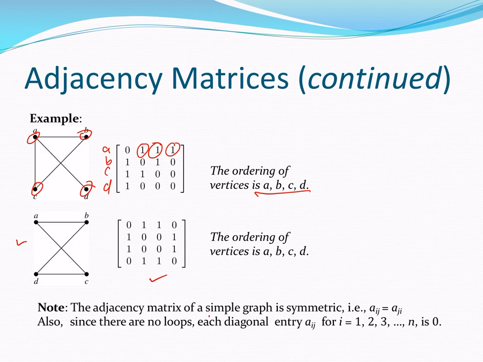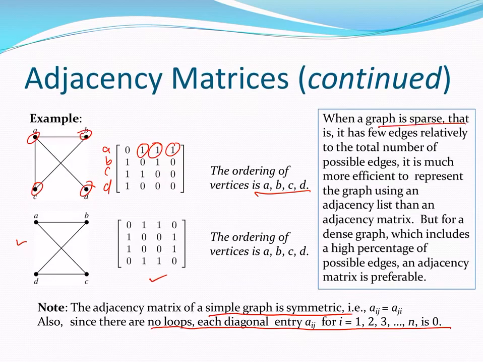For a simple graph, the adjacency matrix will always be symmetric, since if A is adjacent to B, then B is adjacent to A. And without loops, each diagonal entry will be a 0, as we can see.